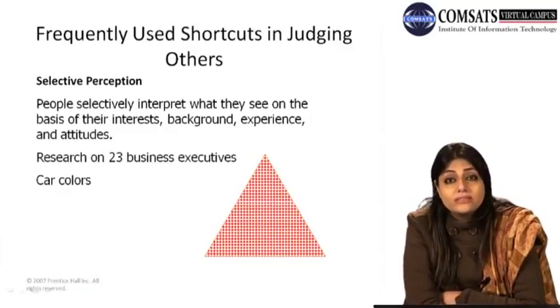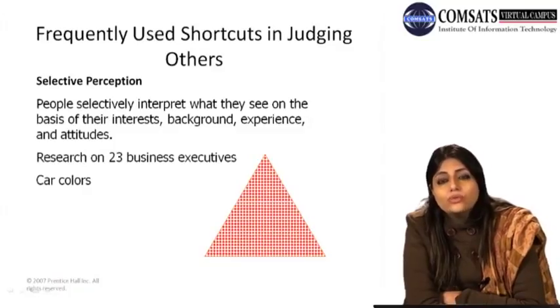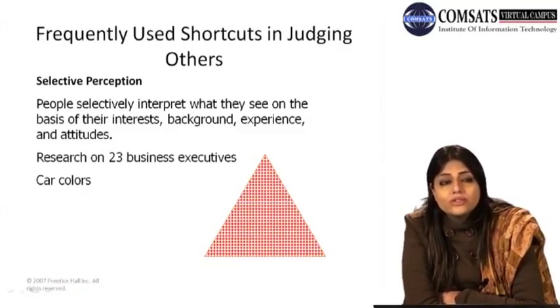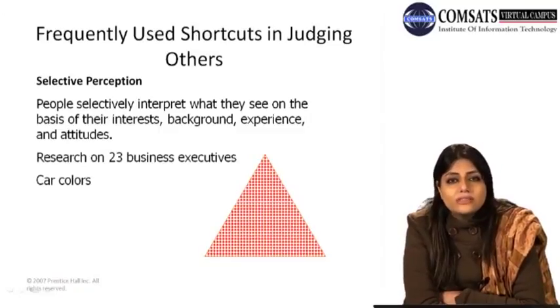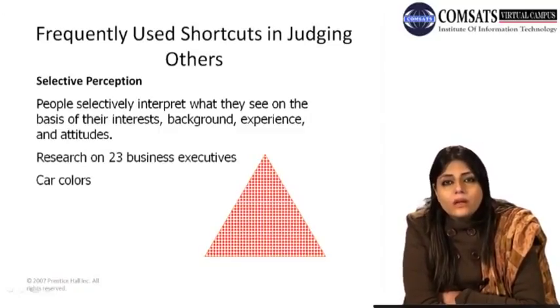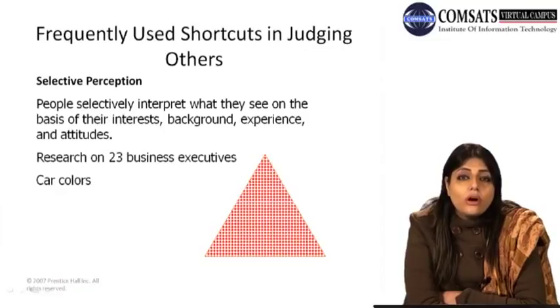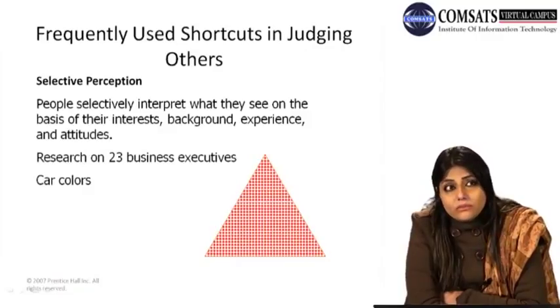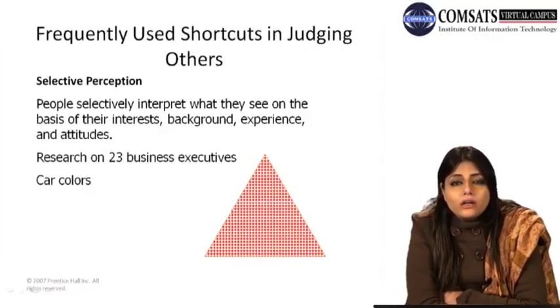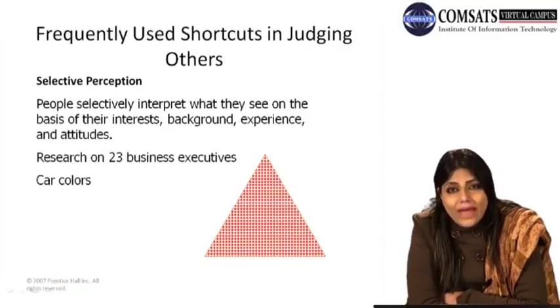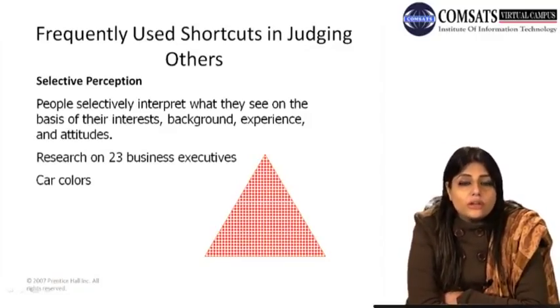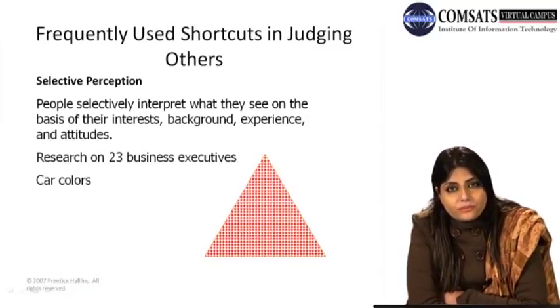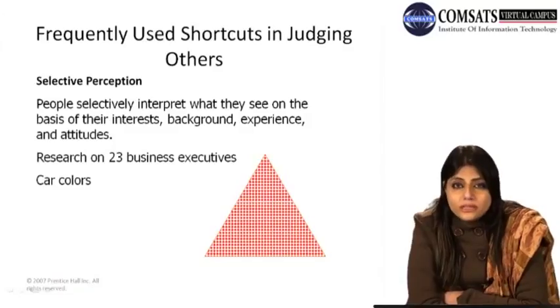Another research was done on 23 business executives, and these executives belonged to all the different functions in the organization, such as the sales staff, production, auditing, human resource management, taxation, law, etc., all the different functions and operations. 83% of those individuals, who were asked to rank the activities of the organization in terms of their importance, reported their own function as most important. For example, 83% of the sales staff reported the sales activities to be most important.